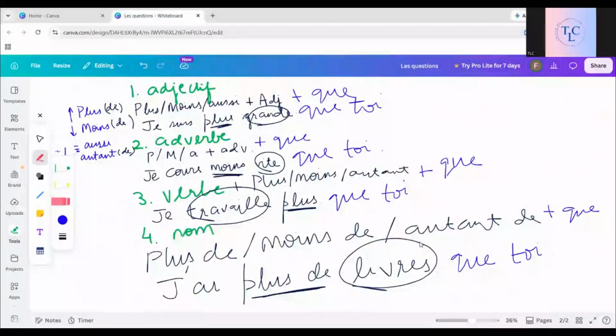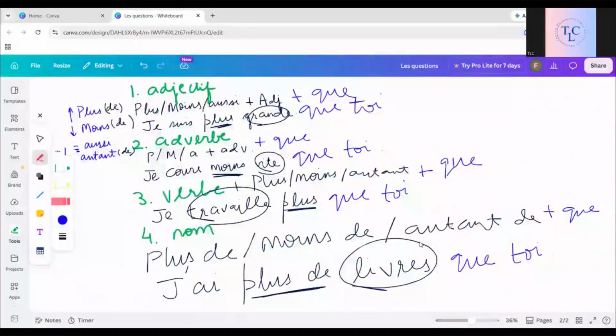So we can have these sentences with que or without que. Don't get too confused about the position of these words plus, moins, aussi, autant. If you observe one thing, all these are after the verb. So that's the baseline.